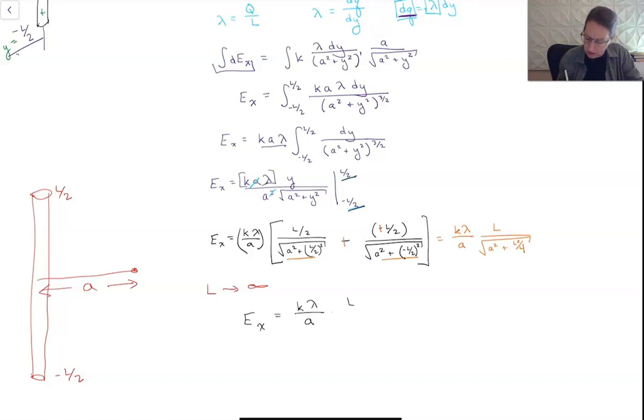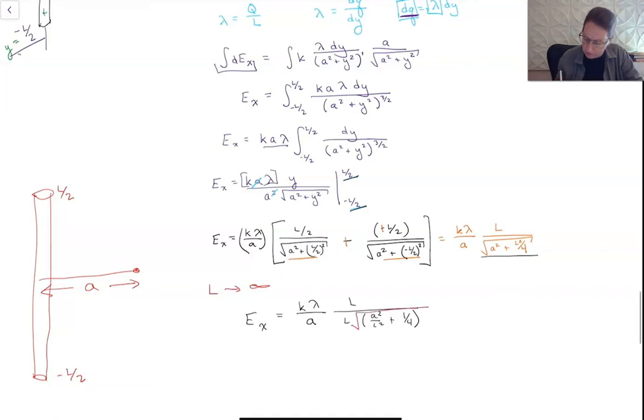I'm going to have an L, and I'm going to factor an L squared out of this. So I get an L squared times (a squared over L squared plus 1/4). This is all to the square root, right? So that's just the same expression, okay? But this L squared can now come out of the square root and become an L. The other stuff has to stay in there, of course.